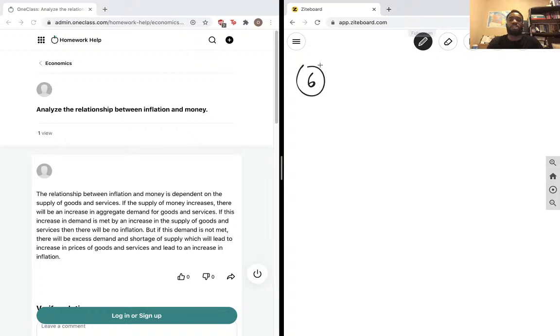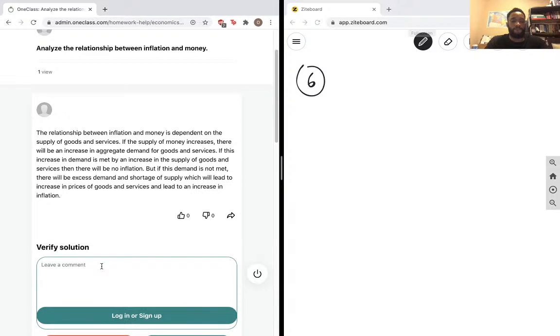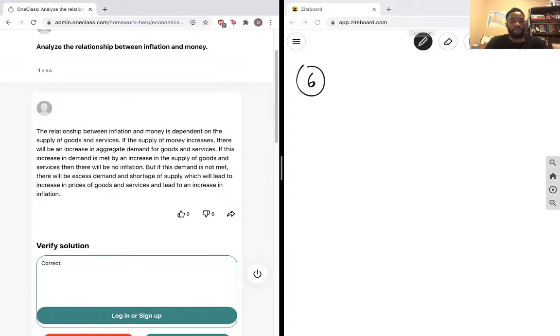And because there's too much money chasing too few goods, you need to increase prices to put the economy back in equilibrium. And that increase in prices would lead to inflation, because inflation literally means when prices are increasing. So this is correct. And this also ties back to demand pull inflation.